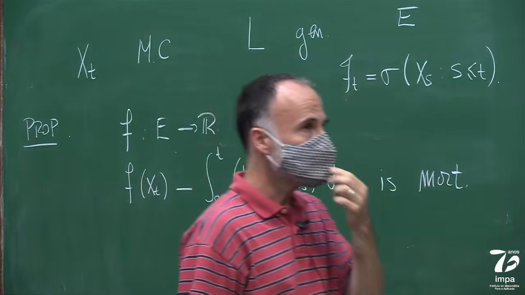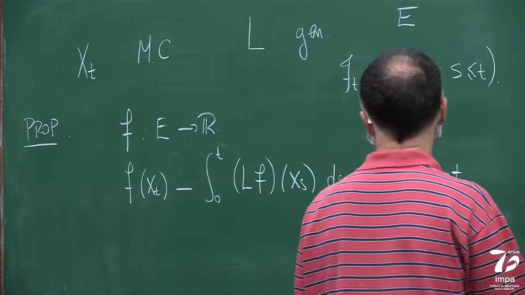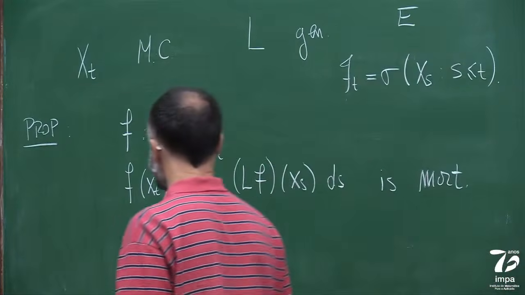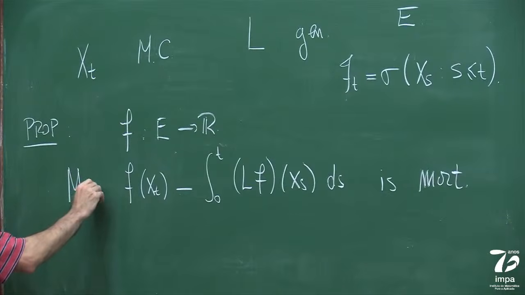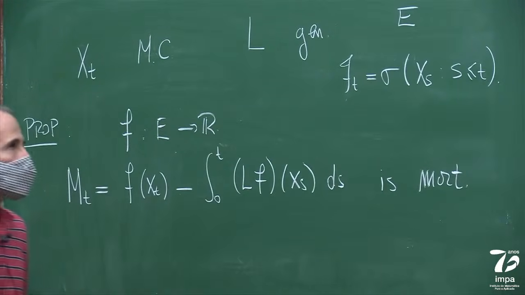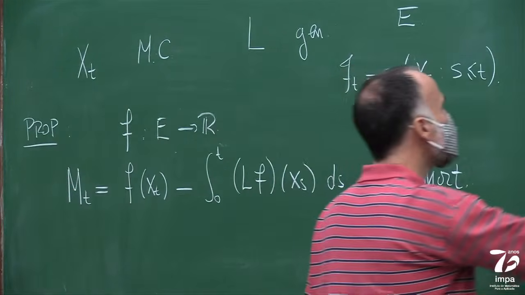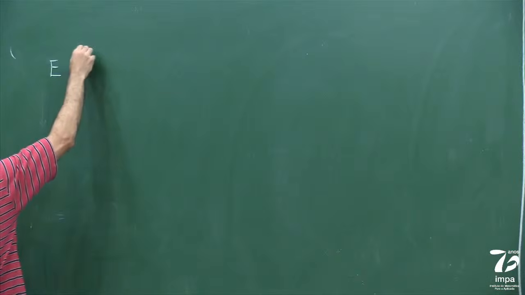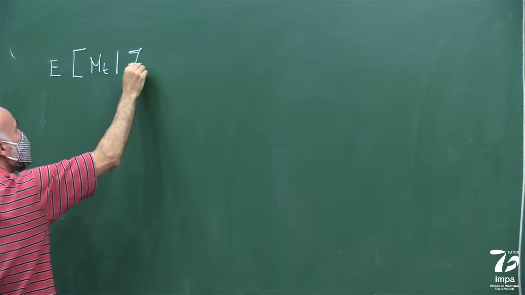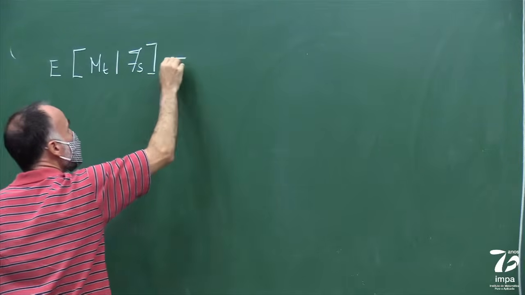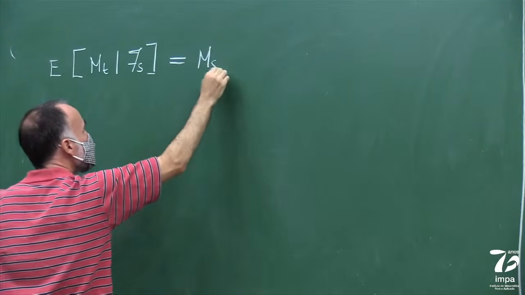So what really remains to prove, since I'll prove that this is a martingale, let me call that Mt, is that the expectation of Mt given Fs is equal to Ms.